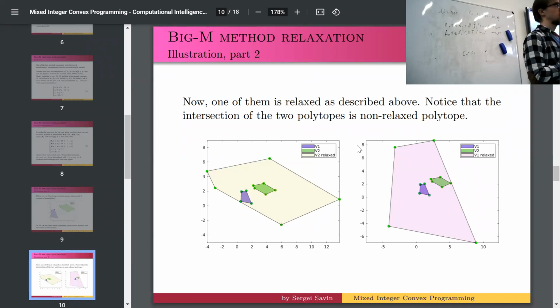So you can see that what Big-M relaxation does is it allows you to choose which one of those two becomes your domain. On your left, the blue region became the domain. On the right, the green region is the domain. Does that make some sense?